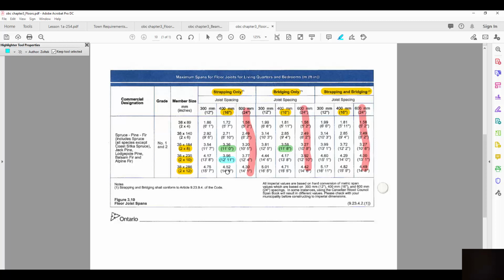Well, this doesn't actually go to 15. I would now have to include bridging in order to make that 15-foot distance and change from a 2x10 to a 2x12. That 2-foot overhang is absolutely critical in anything that we're doing with our measurements. But you can see how we actually calculate floor joist spacing.